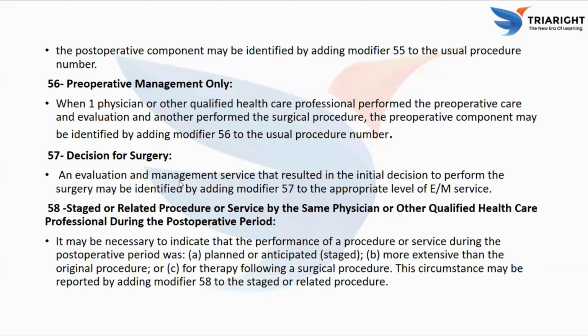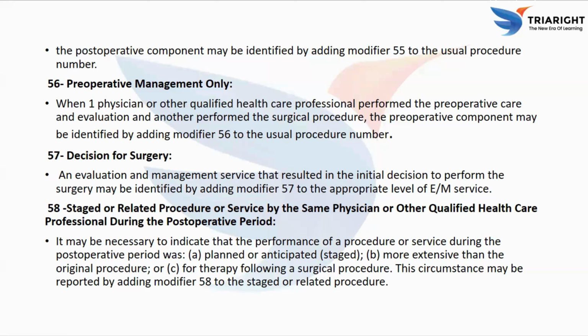Modifier 57, decision for surgery. Modifier 57 is used with E&M, evaluation and management codes, when the decision to perform surgery is made during that visit. This is used mainly for major surgeries during the 90-day global period. The visit is where the doctor decided surgery is needed, and for such cases you assign modifier 57.